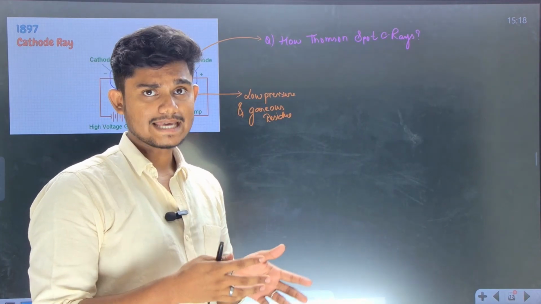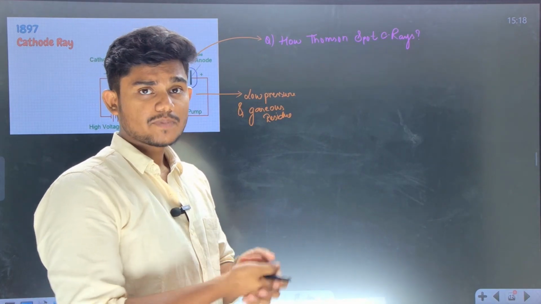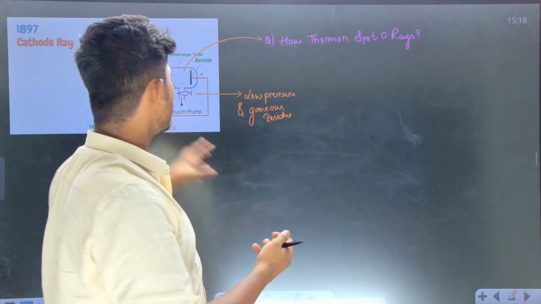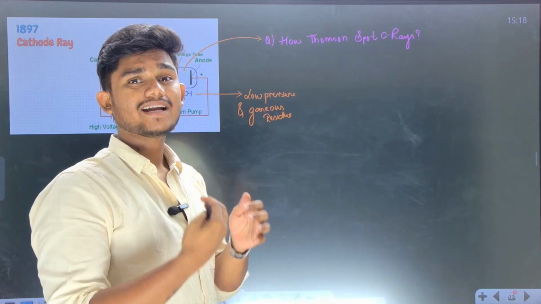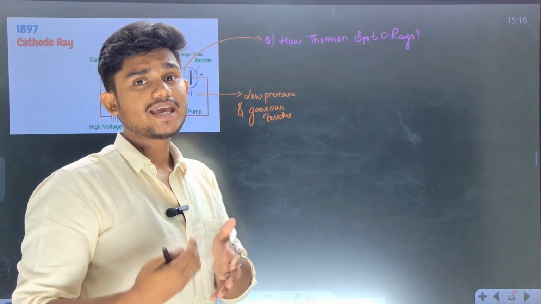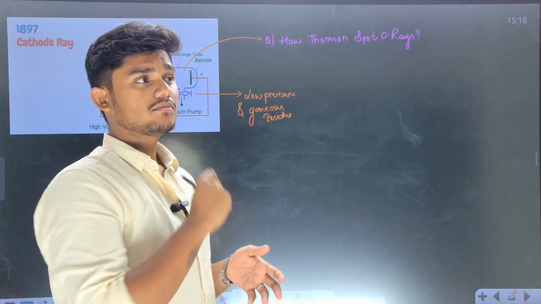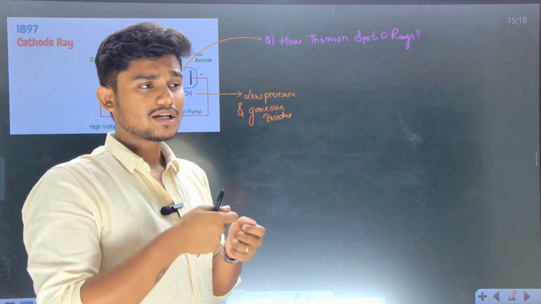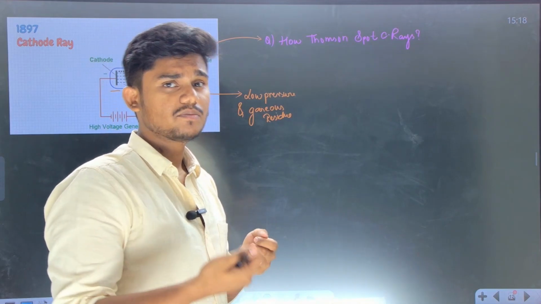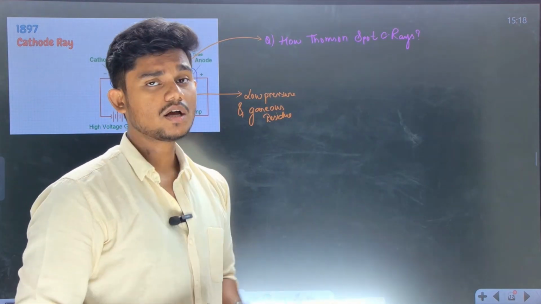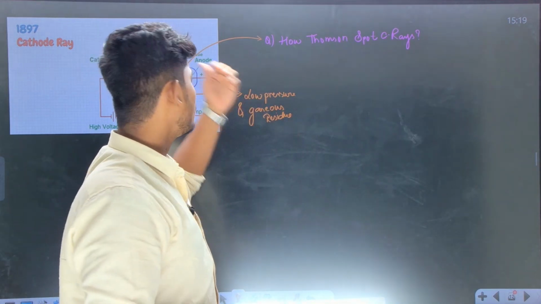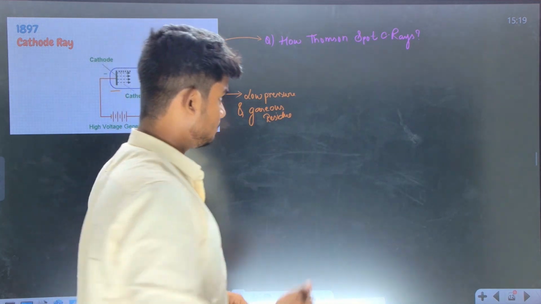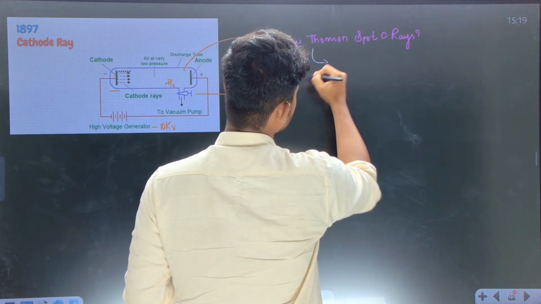Some books say that when the cathode ray experiment was happening, the gaseous molecules inside the discharge tube clashed with the cathode rays, and the release of energy came out in the form of light, and it gave visibility. The cathode ray path was visible to Thomson. So that was the first assumption. The second assumption was perforation at the anode end. So let's write down the first assumption.